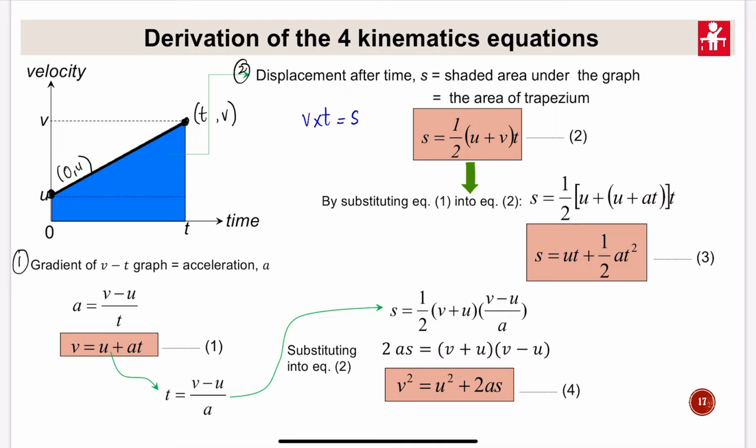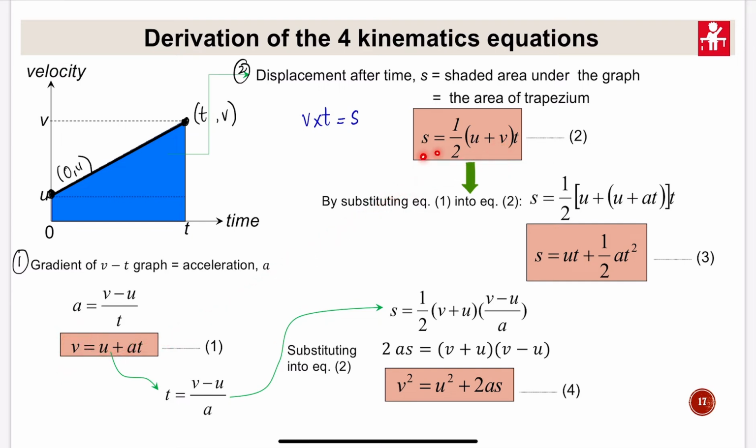Okay, from these two formulas, so we have formula 1 and formula 2, we can derive the third equation by just substituting the equation. So substitute equation 1 into 2. Equation 1 has v as the subject. We can substitute v of the first equation into the second equation.